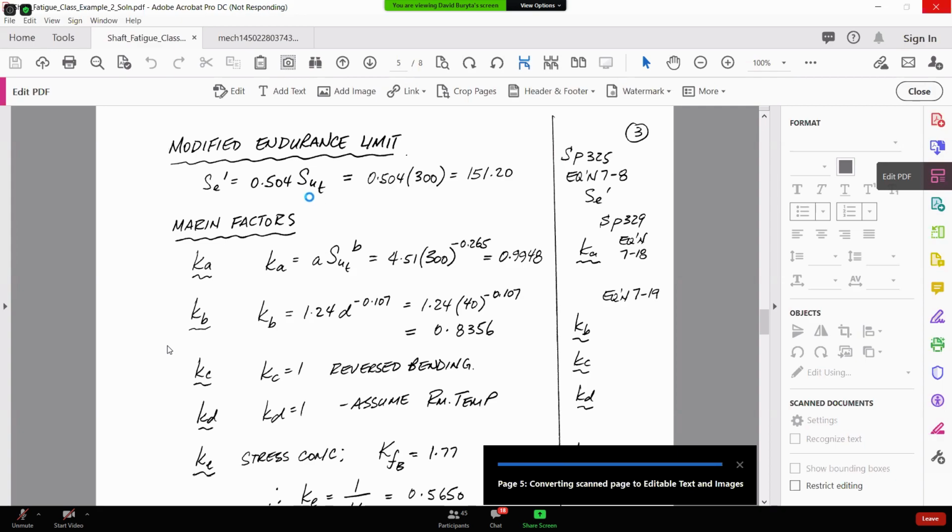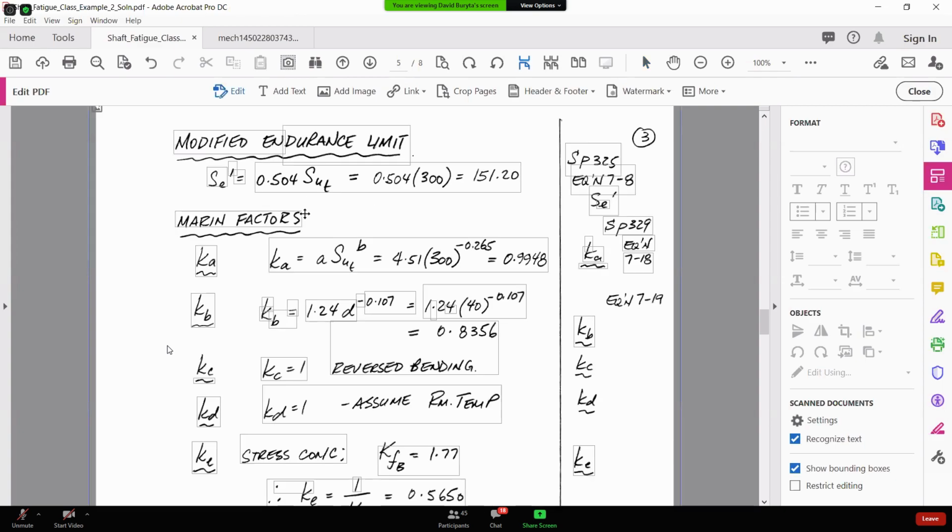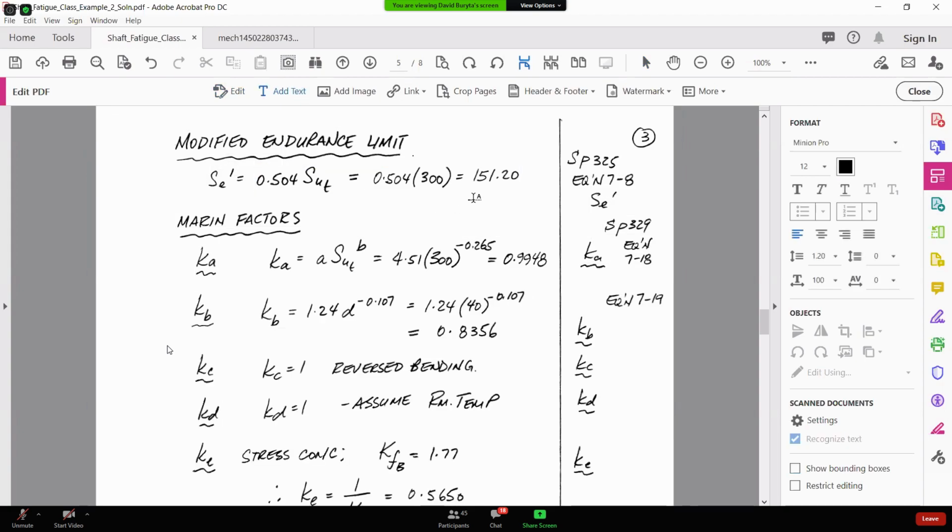So in the 8th edition and I think in the 9th edition also, for some reason they used 0.504. And then in the 10th edition and the 11th edition, they dropped the 04, okay? So here, if you were to do this with your numbers, this would be 150 MPa.